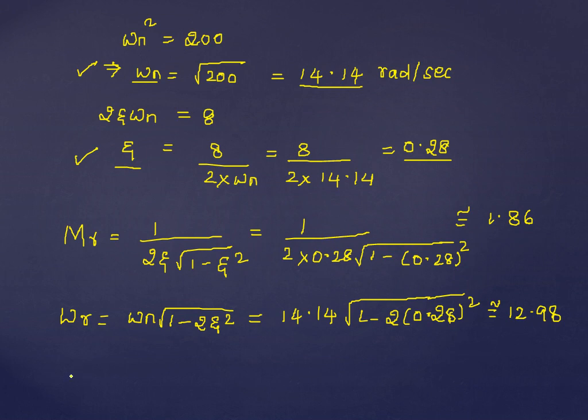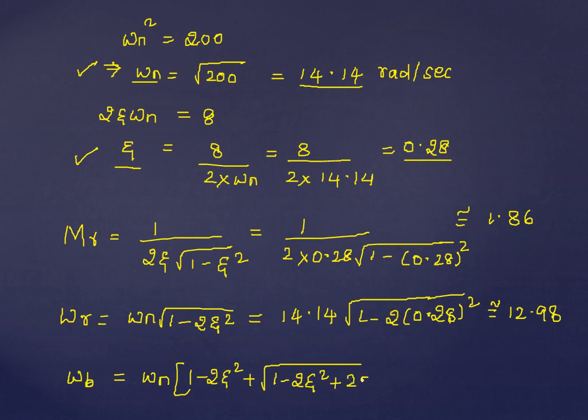And one more frequency domain specification is omega b. The omega b is the bandwidth. The formula for omega b is omega n multiplied with 1 minus 2 zeta square plus square root of 1 minus 2 zeta square whole square plus 2 zeta power 4, whole power 1 by 2. Substitute the omega n value and zeta value.